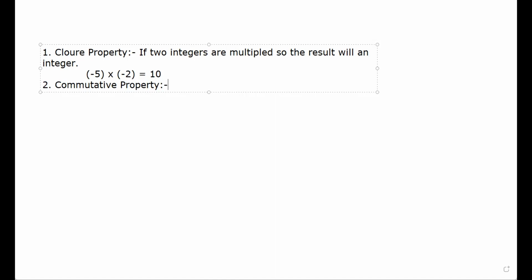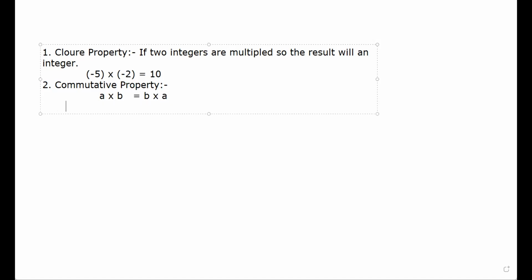According to this commutative property, if we have multiplied a into b, and we change the order of the multiplication, the result will be the same. I think I have discussed this property earlier in the class. So when I multiply a into b, or multiply b into a, the result will be the same.